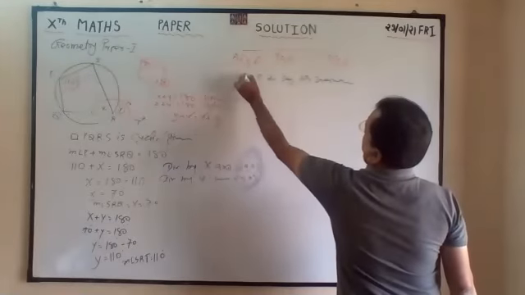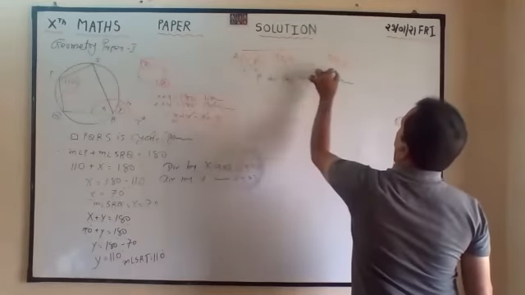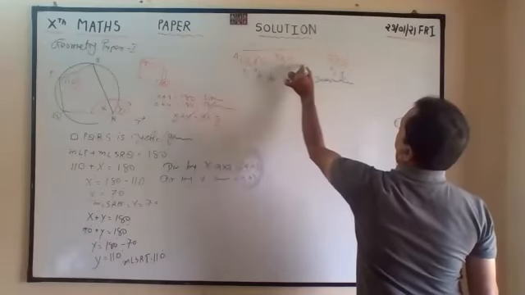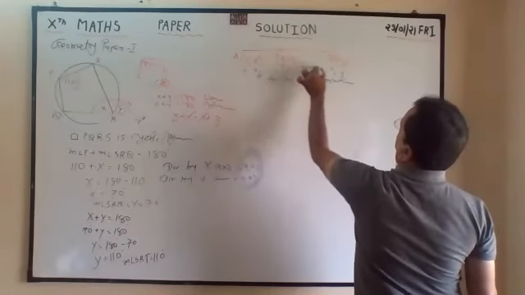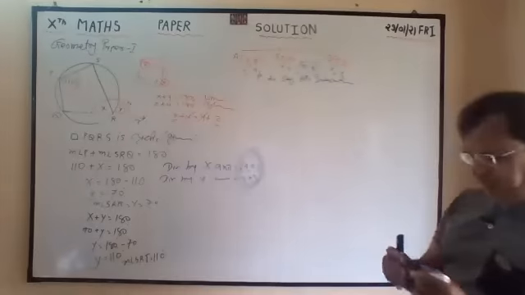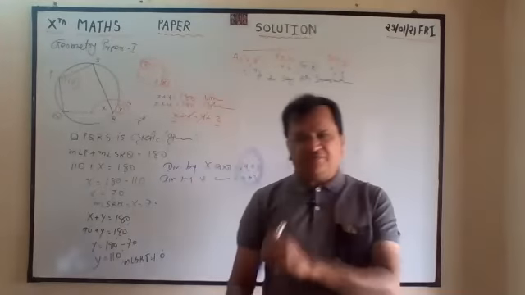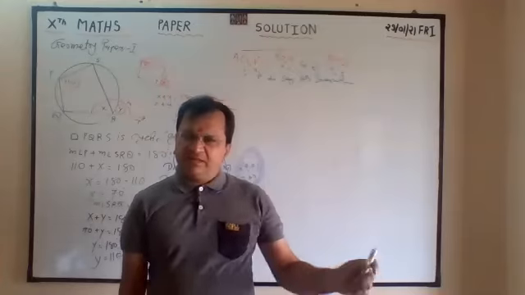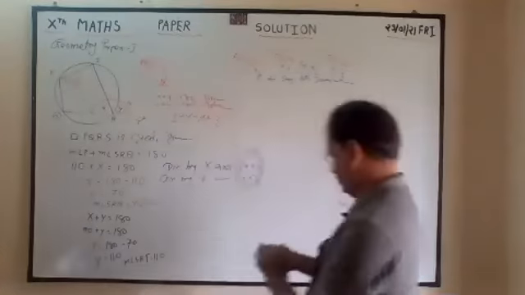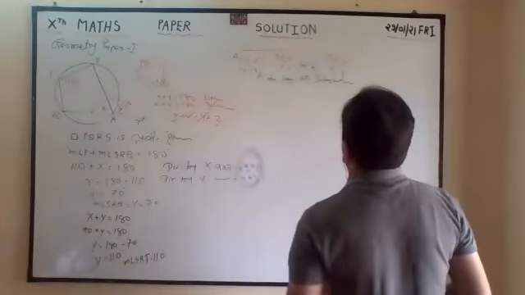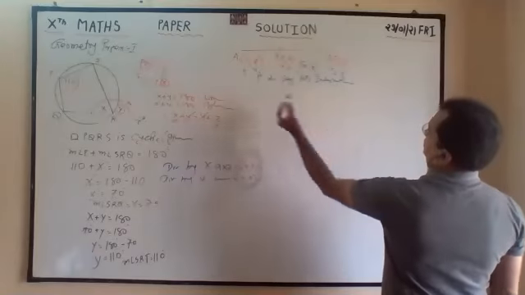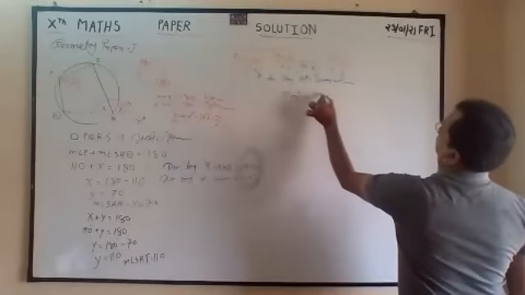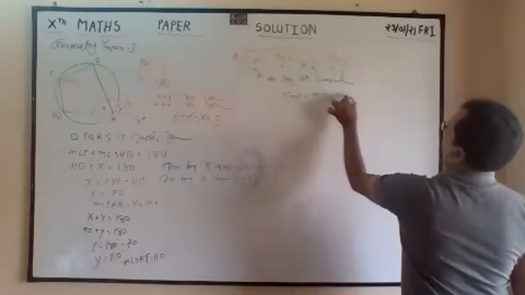So this is your x1, this is your y1, this is your x2, this is your y2, this is your xy, and the ratio is m:n. So we have to find out both point of intersection and a ratio. So first we will find out point of intersection. So that is Pxy is equal to mx2 plus nx1.